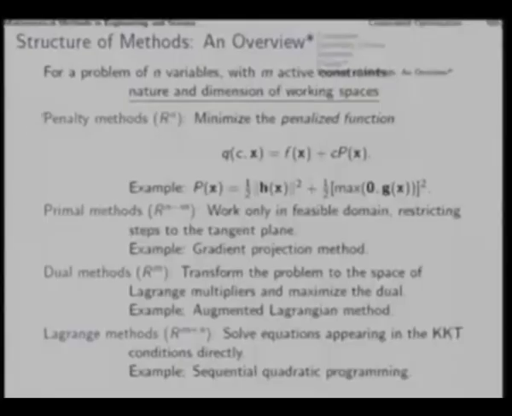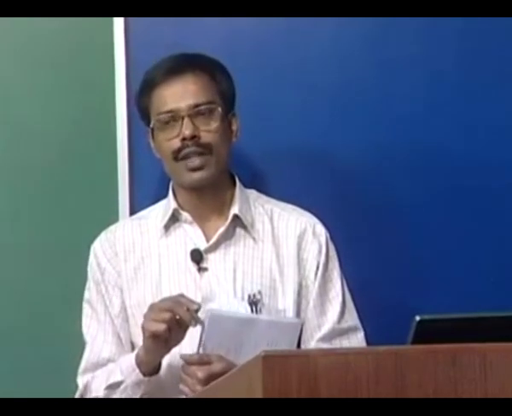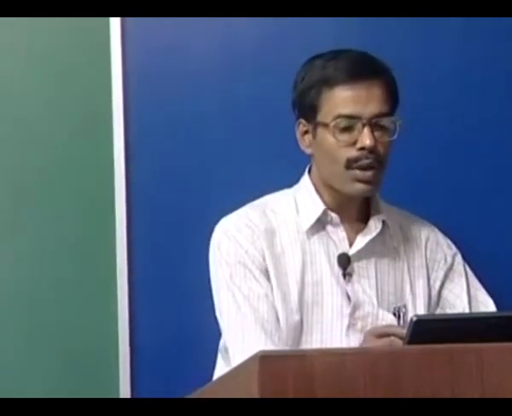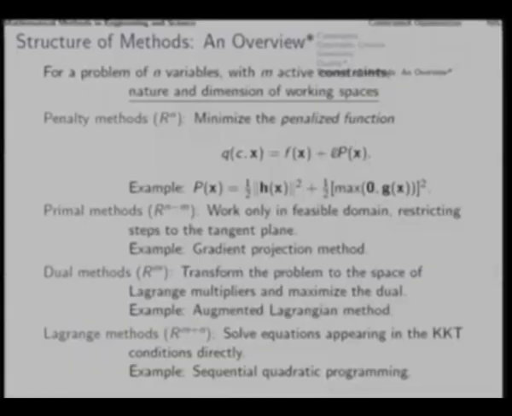The simplest is the family of penalty methods, in which the search is conducted in the same space in which the search would be conducted if it were an unconstrained problem, and constraints are included in the search process through a penalty term like this.